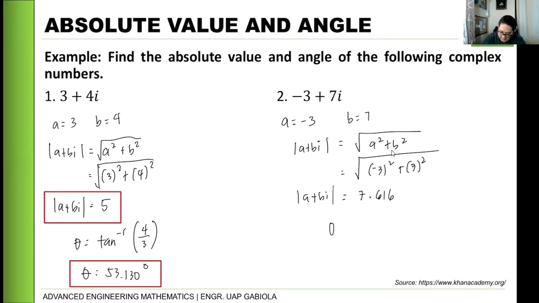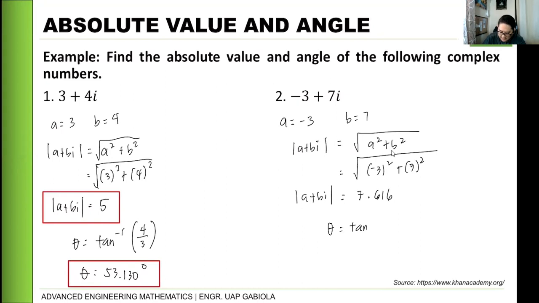And for our theta, that is tangent inverse of 7 over negative 3. Okay, tangent theta natin is equals to 7 over negative 3. Okay, then shift tangent. Okay, nakatangent pa pala siya. Okay. So, negative 66.801.